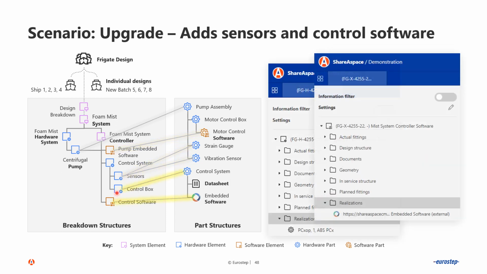Continuing on, you can see that the control box is realized by the control system, and again this shows now that the breakdown structure for the system is independent of the parts, because the siblings in this structure are realized by different parts in the part structure. And then finally, we've got the software here is actually realized by the OSLC resource in the part assembly.